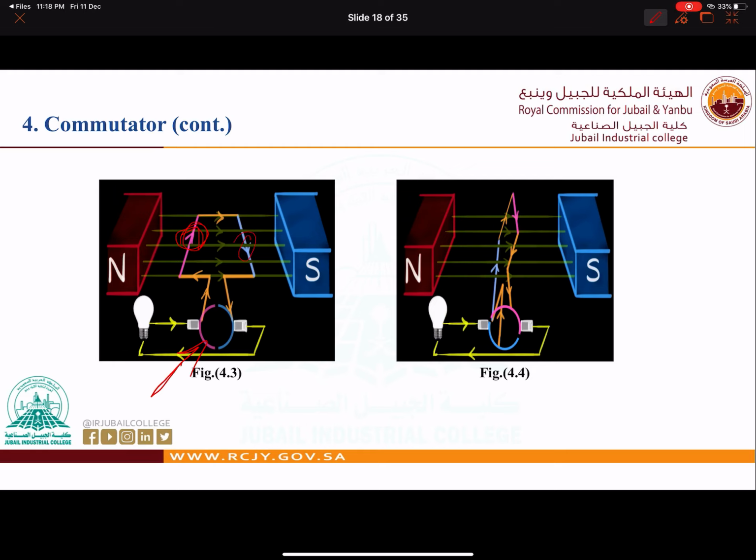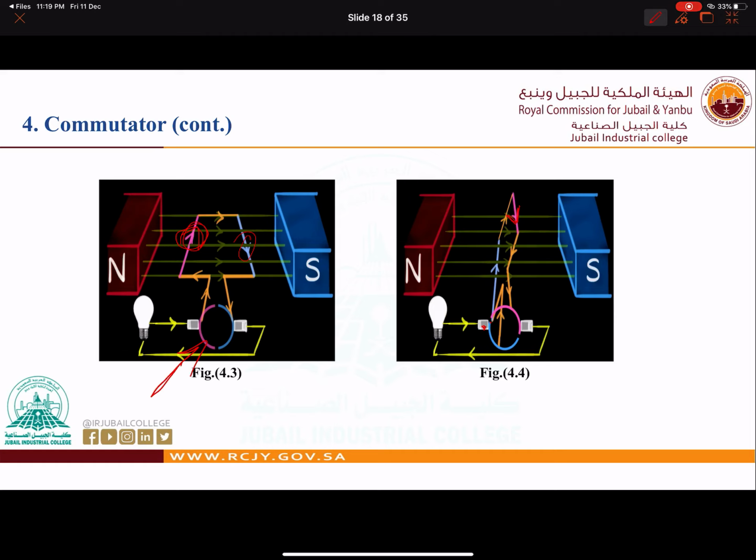Now, once we have a movement, can you see the brush here? The brush now is going to have an open circuit. We don't have current. So now the pink wire is going to be on this side, down, but it is an open circuit.